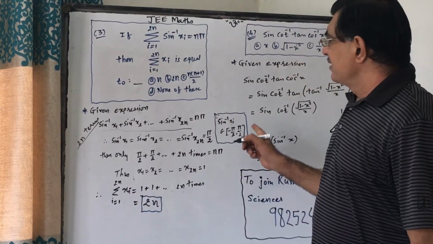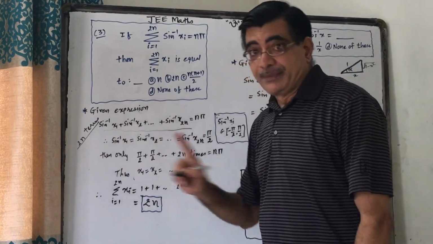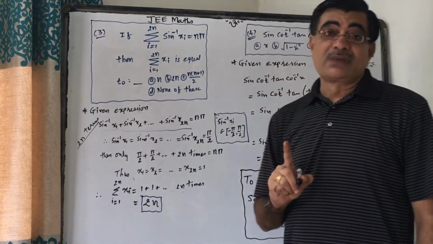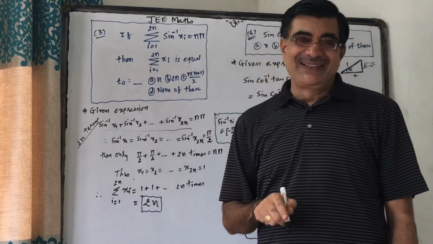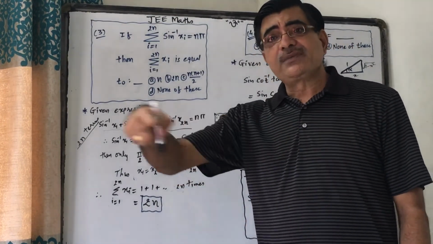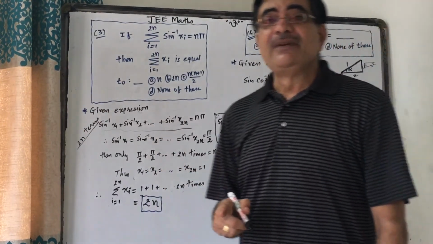So that means there are 2n terms and each term has maximum value pi by 2. So if I add all the terms, the maximum value will be n pi.